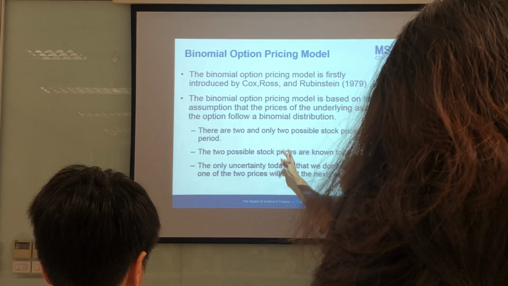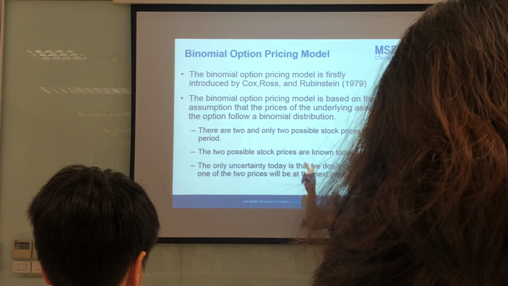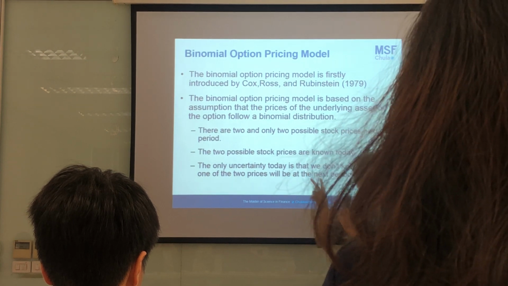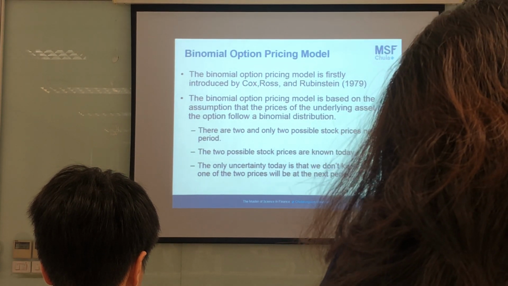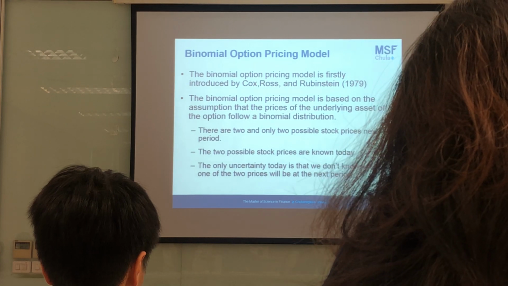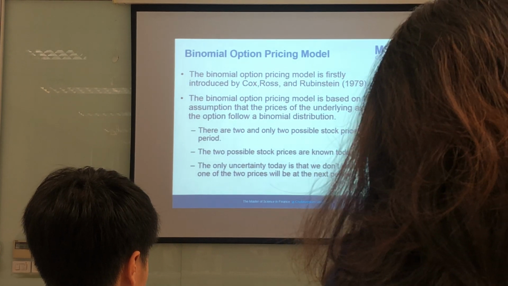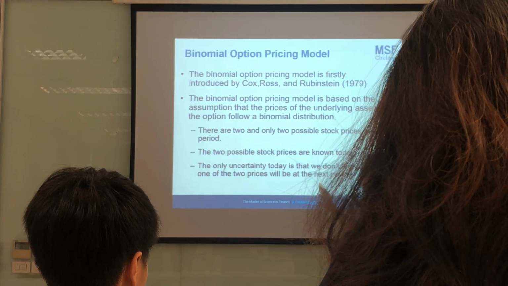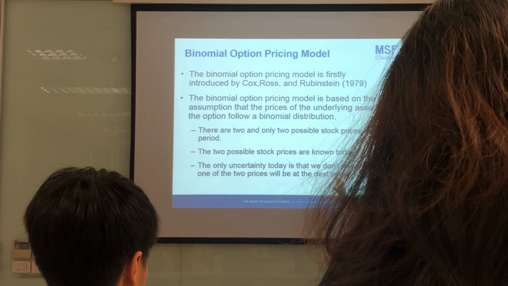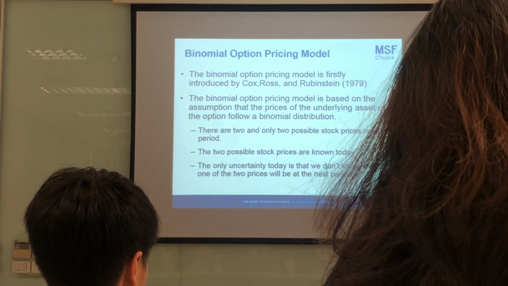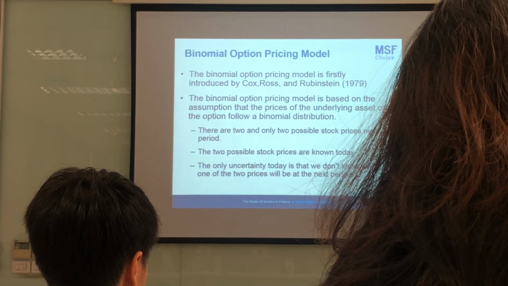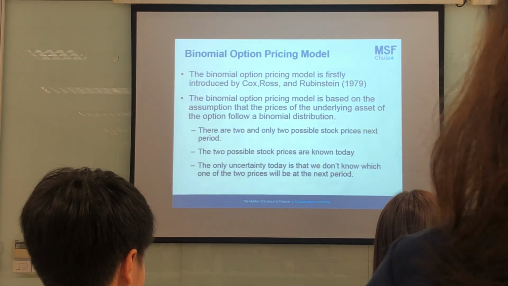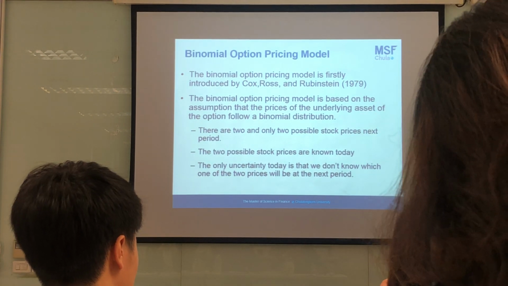In the binomial model, we assume that the value of the underlying asset will increase or decrease. There will be only two possible values for the stock price for one period. Then we can determine the value of the option by assuming the value of the underlying asset when the stock increases and when it decreases.